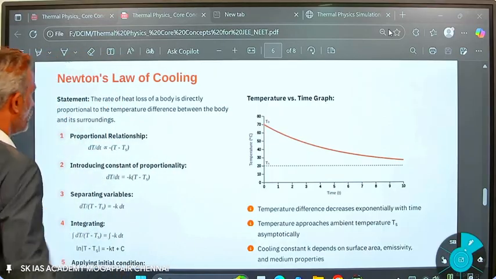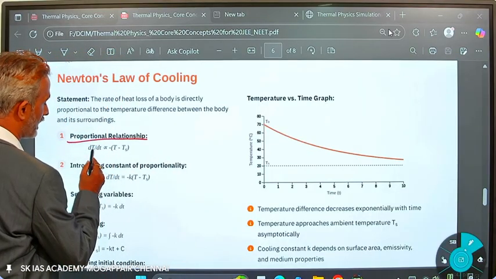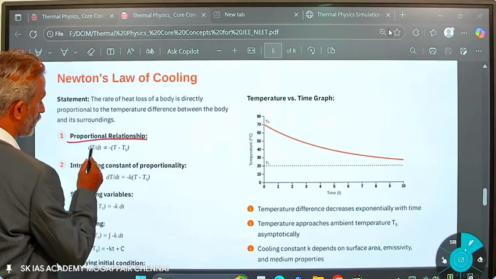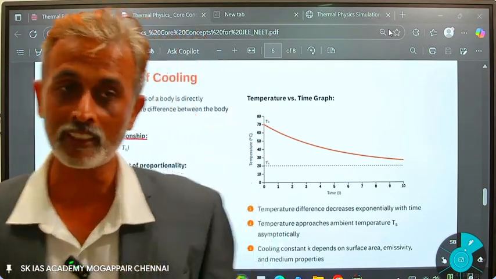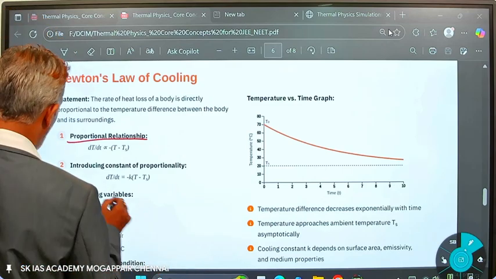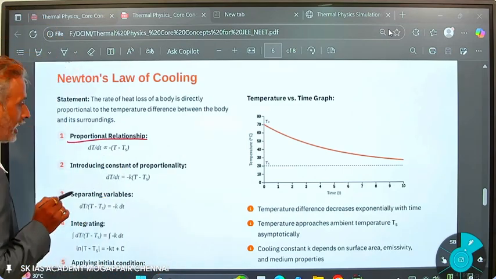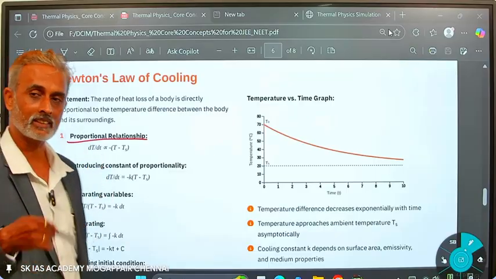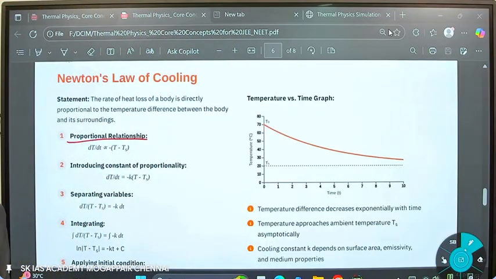See, the proportional relation: dT by dt, where capital T is the temperature and small t is the time, is directly proportional to minus (T minus Ts). One is the temperature of the system and one is the temperature of the surroundings.